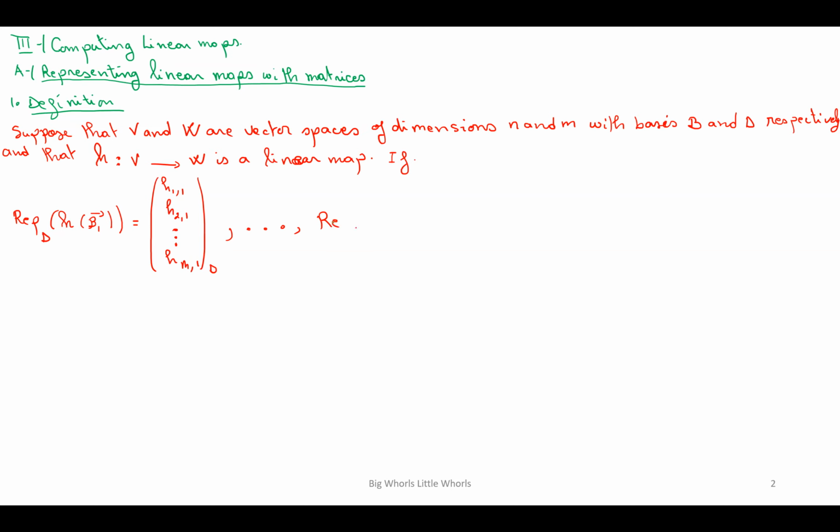And the representation with respect to D of the image of the last vector, beta n, equals (h1n, h2n, ..., hmn).